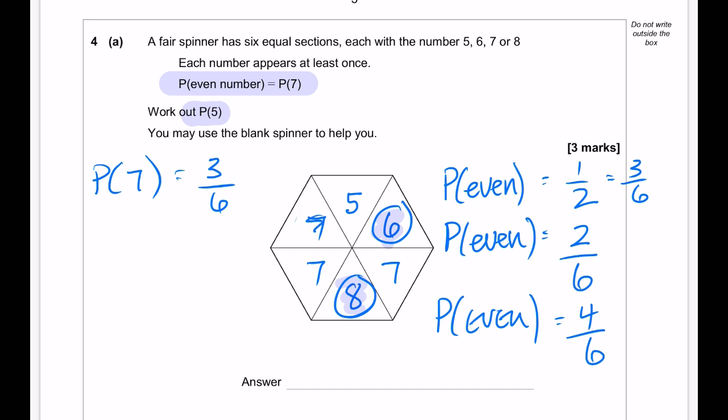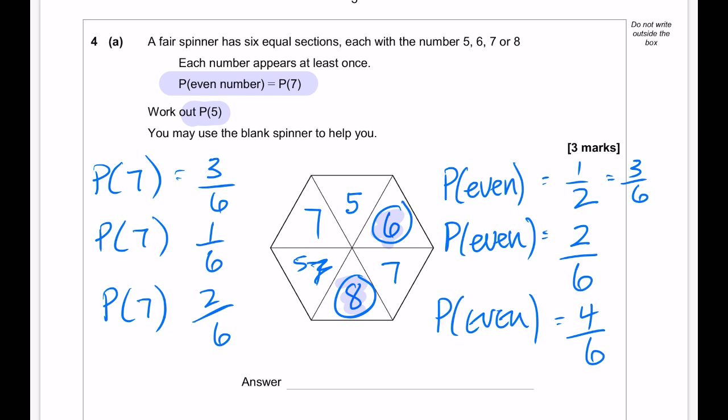So if we didn't have 7s in there, but like before we had 5, then obviously the probability of getting a 7 would be 1 out of 6. Or we could have 1 7 in there, couldn't we? And then the probability of getting a 7 will be 2 out of 6. So let's see if you can work out the rest of the question.